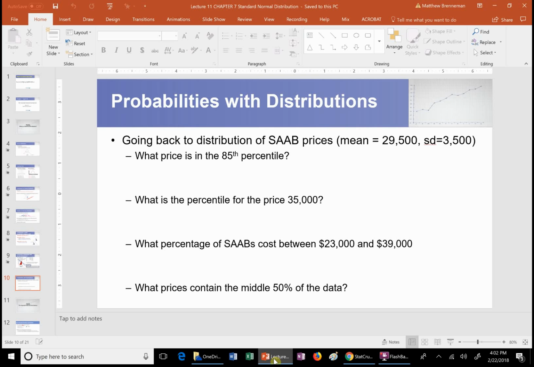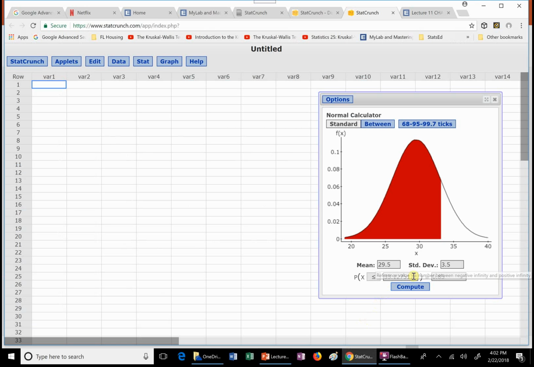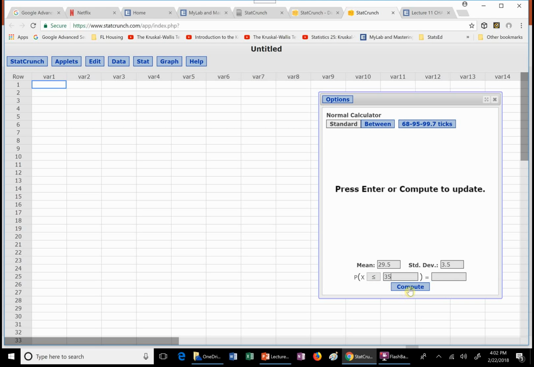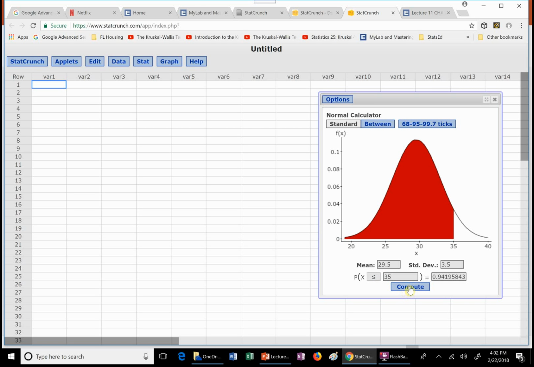I'm just going to go ahead and type in 35. And there we go. So what are we getting for the answer here? Roughly about 94. So our answer is roughly about 94%.